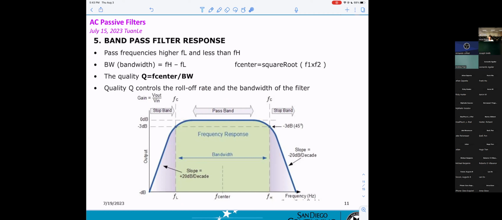If you want to calculate the bandwidth, this is the formula: you take F high minus F low, and you get the bandwidth. And if you want to calculate the quality of the filter using the formula, you take the F center divided by the bandwidth.